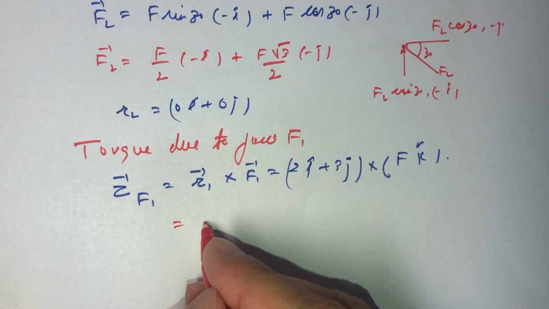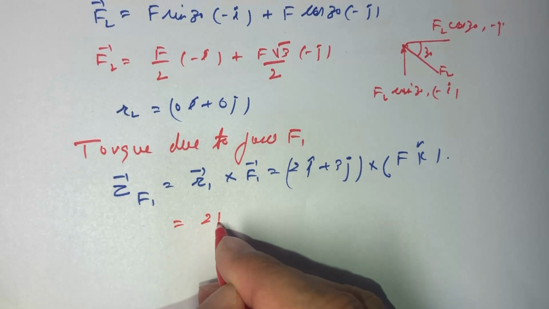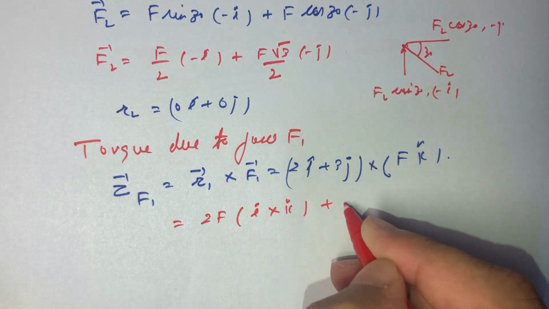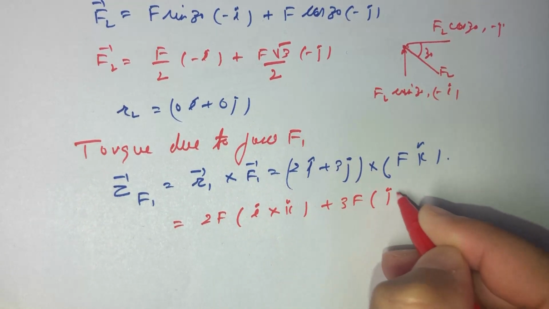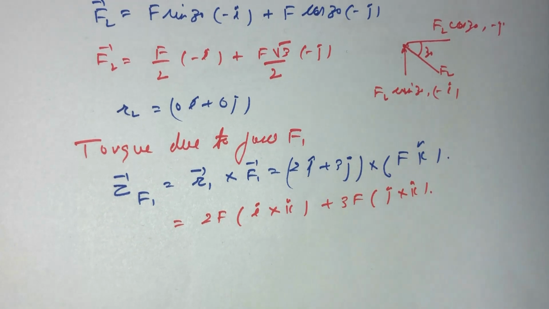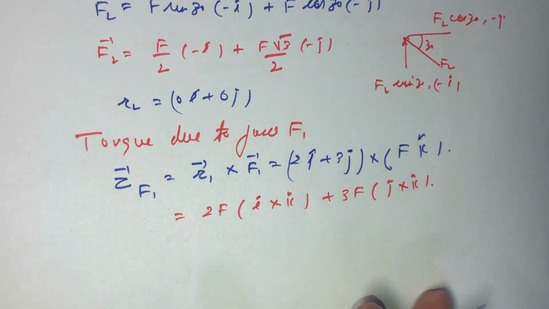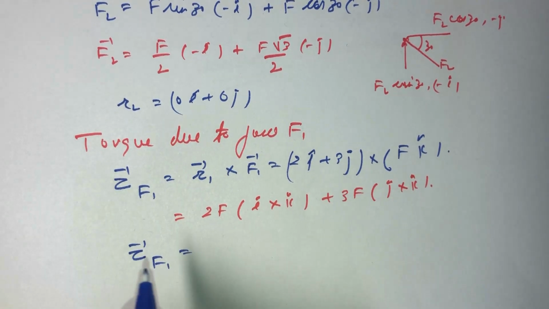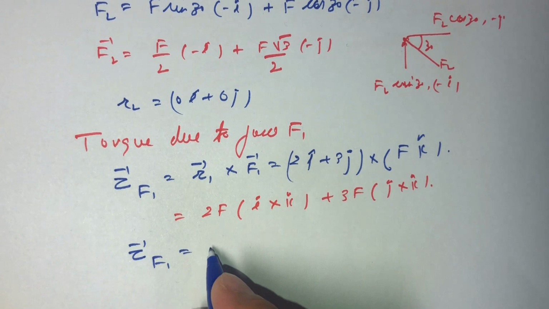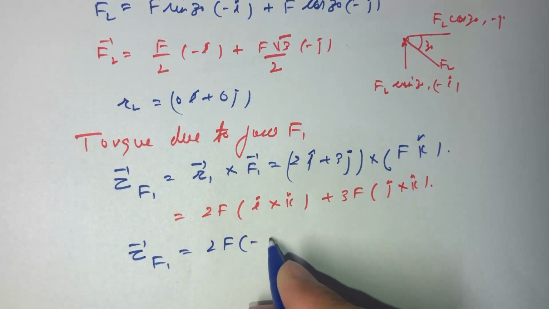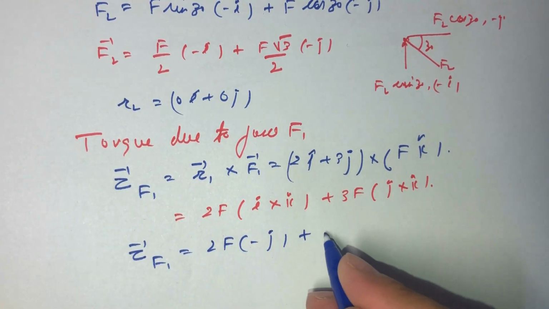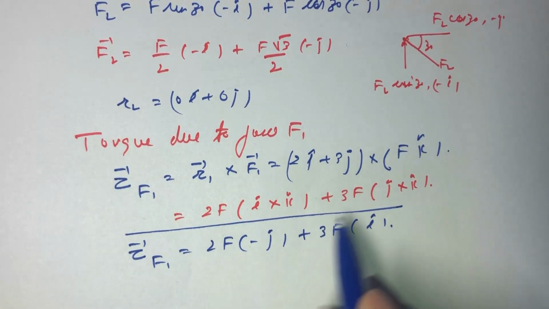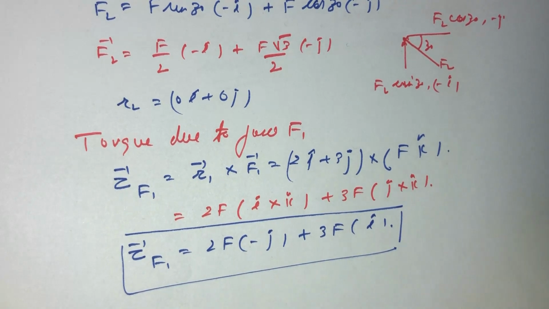So this comes as 2F, and we have i cross k plus 3F and j cross k. Therefore, the torque because of force vector F1 will be equal to 2F minus j plus 3F i unit vector. So we found out the torque because of force F1.